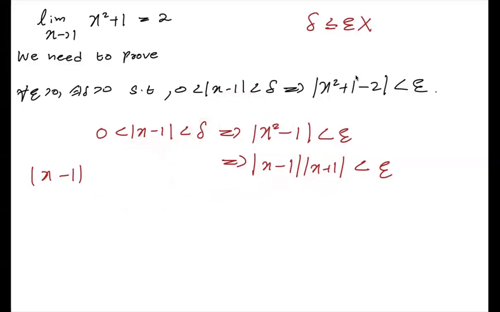Whenever you solve limit problems, you have to start with this part, substitute some delta value and get some inequalities, and using a couple of delta values, you can arrive at your final answer. So I will write it this way: x plus 1 minus 1 minus 1. It's fine. Then I can write this as x plus 1 minus 2.